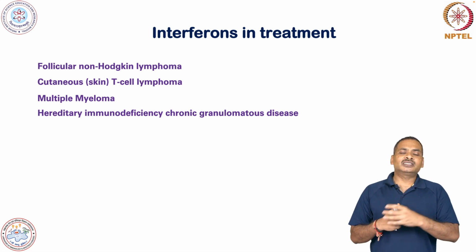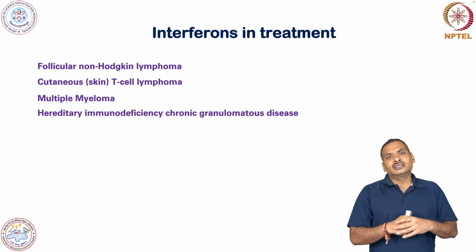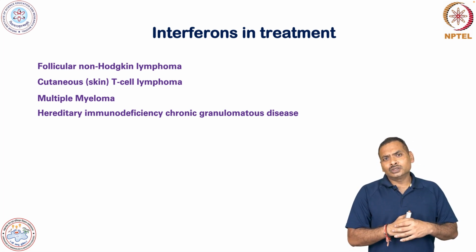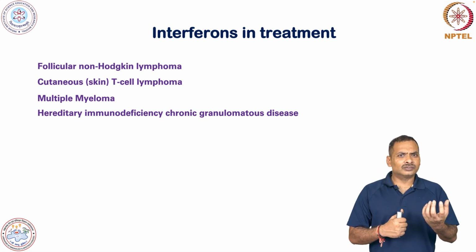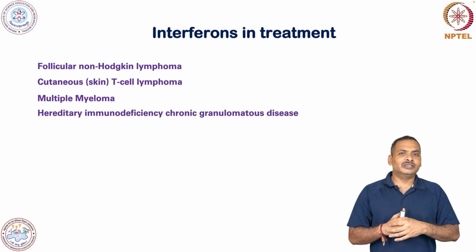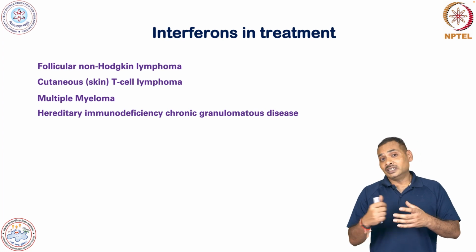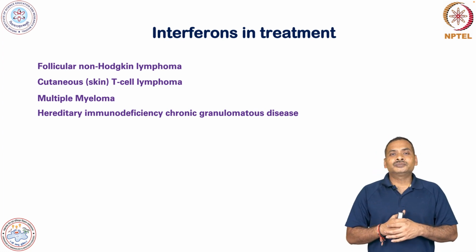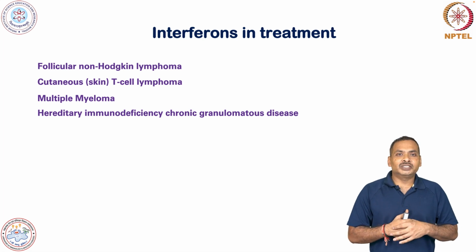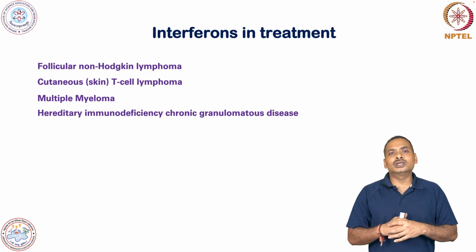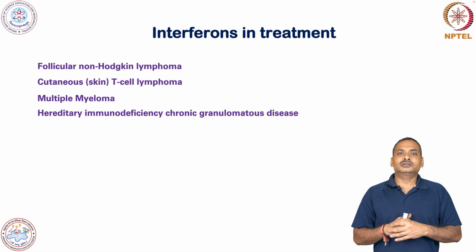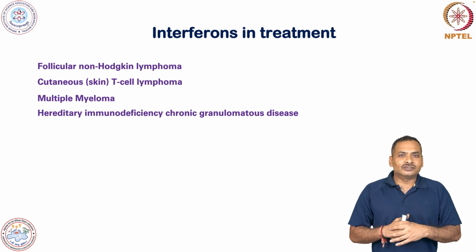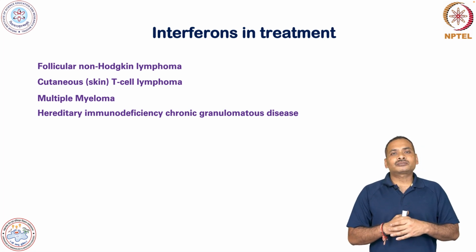In this test, the reagent is initially colorless, and if you add the enzyme NADPH oxidase, then it will turn blue. But in the case of a CGD patient, it does not turn blue, or does not turn that intense blue color. So this is a kind of diagnostic test.